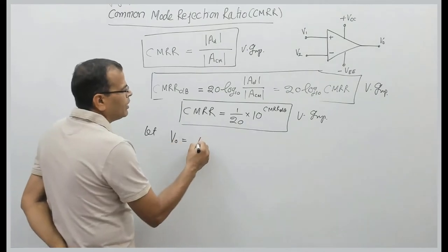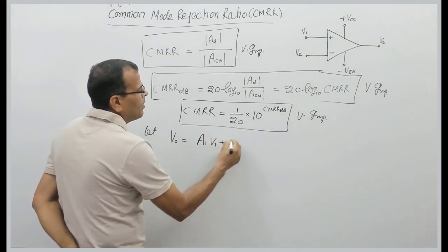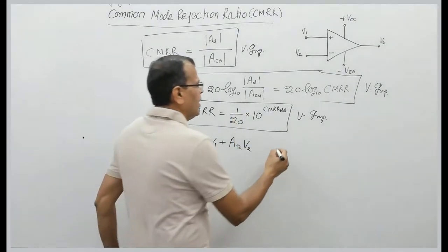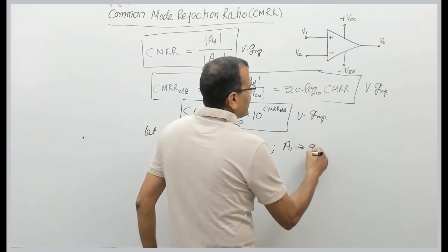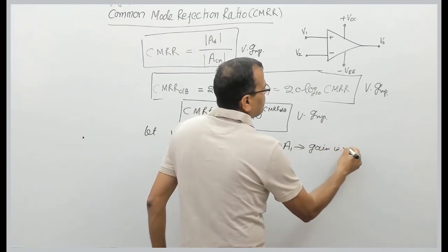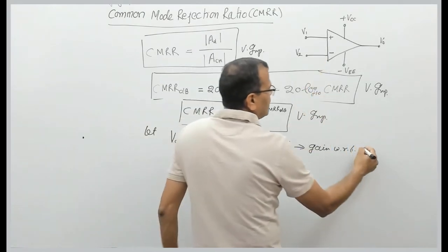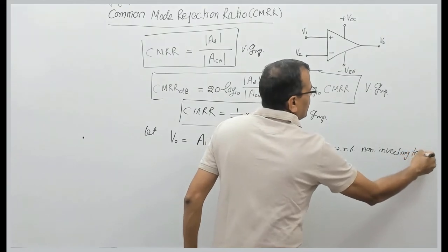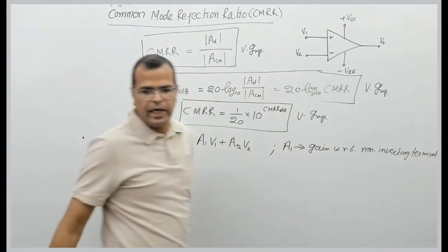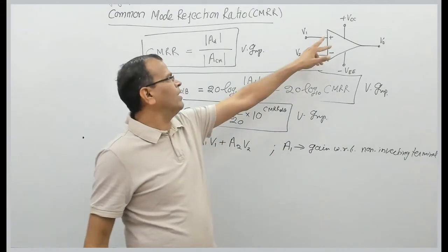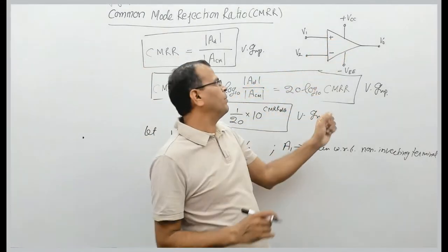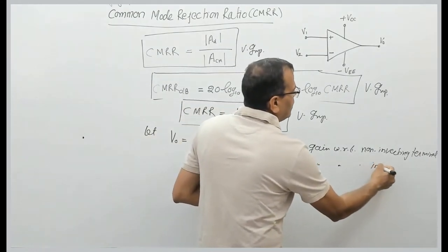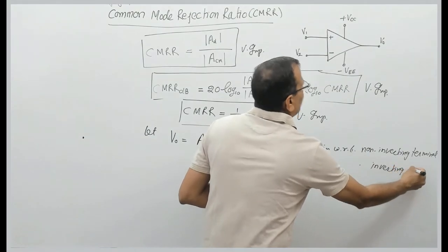So let V0 be A1 into V1 plus A2 into V2, where A1 is the gain of op-amp with respect to the non-inverting terminal. Similarly, A2 is the gain with respect to the inverting terminal of op-amp.